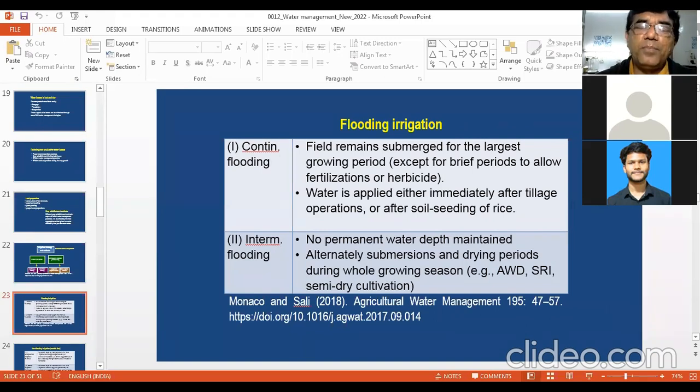For flooded or puddled transplanted rice, aerobic rice, direct seeded rice, SRI, or AWD, alternate wetting and drying methods, you need to use different water management practices. In brief, we will see how water is managed under different crop management practices.